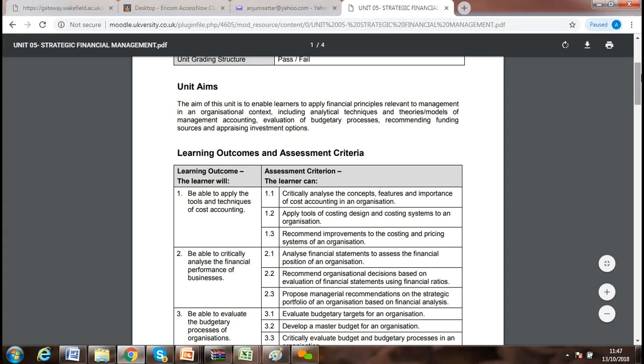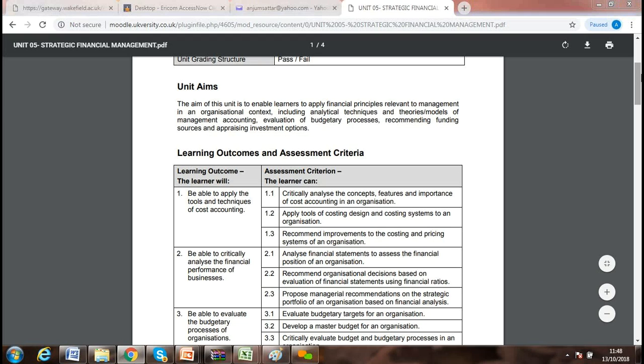Be able to apply the tools and techniques of cost accounting. We'll discuss a few techniques today, and go further in our following lessons. Analyze the concept, the features and the importance of cost accounting in an organization. We'll discuss the role of cost accounting in our organization.